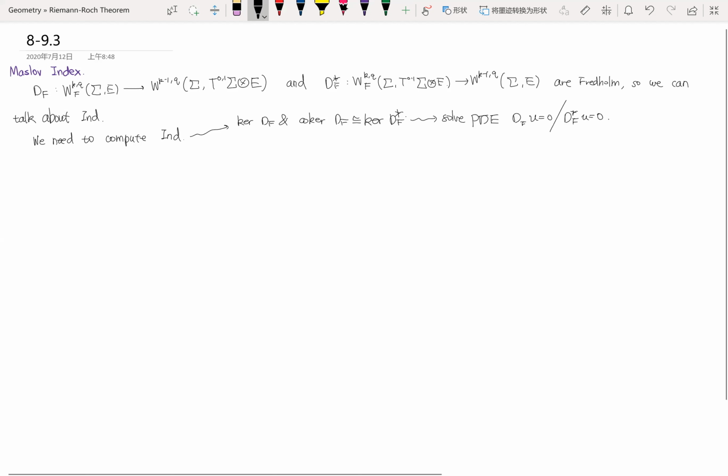So for example, when sigma is the sphere, that is CP1 as a Riemann surface, and we take df to be the standard d-bar operator on sigma, and let E be a trivial bundle.